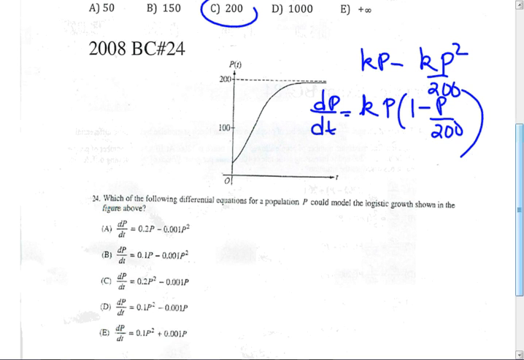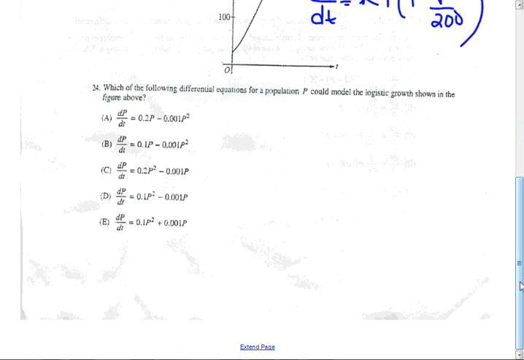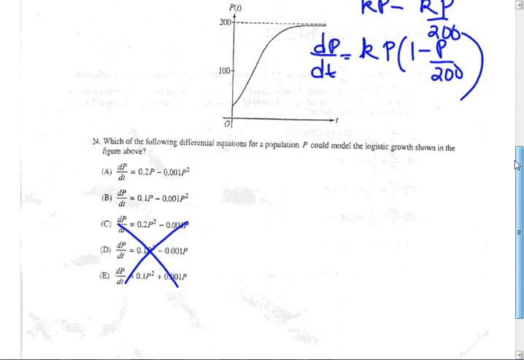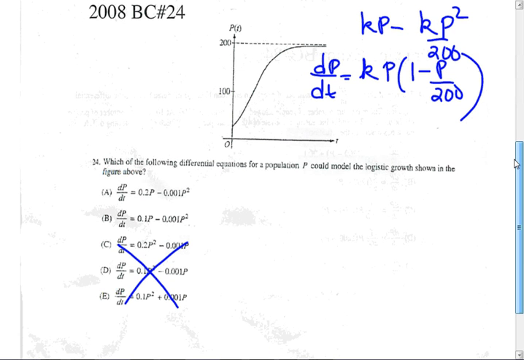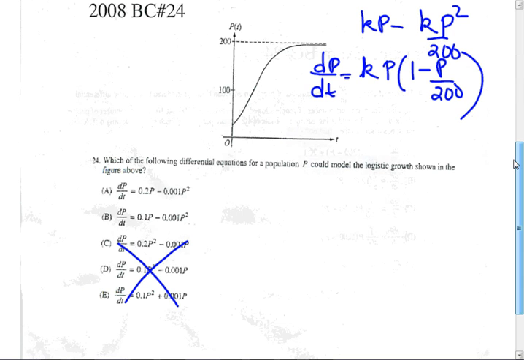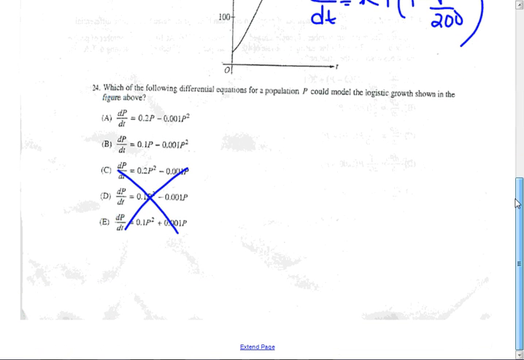So can we throw any of these out right away? I'm going to guess C, D, and E are not going to work, because the P squared has to be negative. Right? So we can throw those out. So now you've got a 50-50 chance.